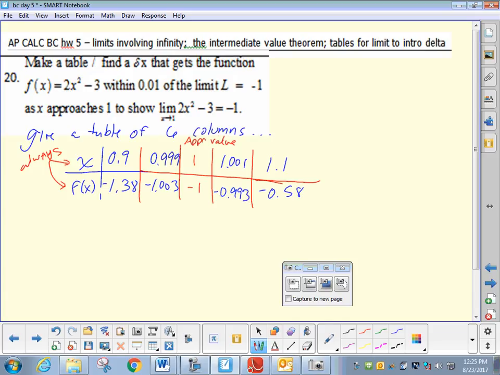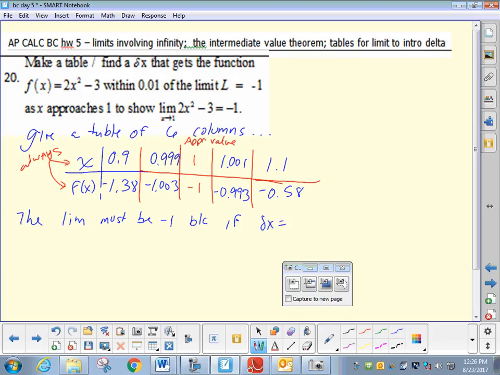All right, so with that said, great. What is a delta x? The limit must be what? What's the limit? Negative 1. And that's because if delta x is, so what's the delta x that got me there?